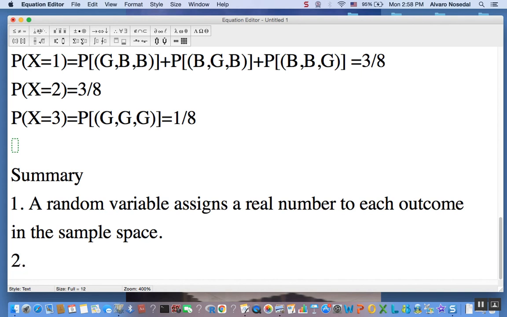Another thing that we said is that we talked about the probability distribution of a discrete random variable.